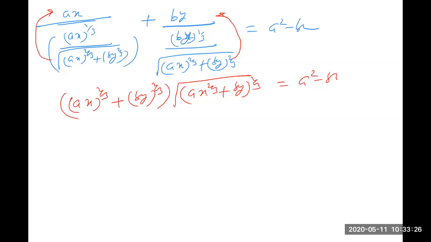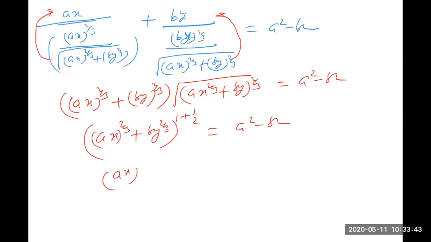Now both are same inside. So this will be ax raised to power 2 upon 3 plus by raised to power 2 upon 3 raised to power 1 plus half is equal to a square minus b square. So ax raised to power 2 upon 3 plus by raised to power 2 upon 3 is equal to a square minus b square raised to power 2 upon 3. This is the proof of this.